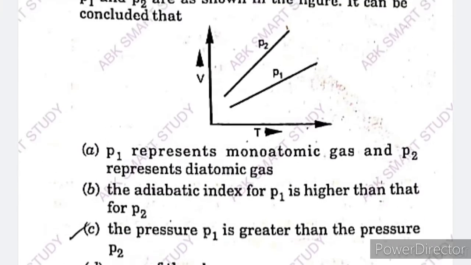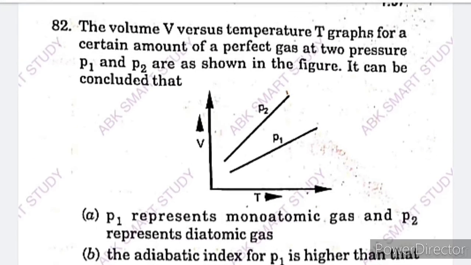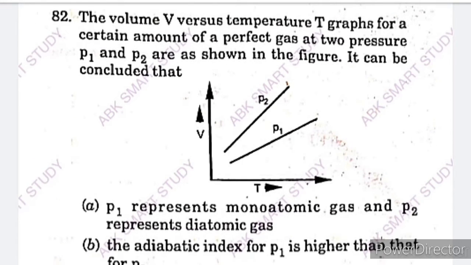Next question. The volume V versus temperature T graphs for a certain amount of perfect gas at two pressures P1 and P2 are shown in the figure.